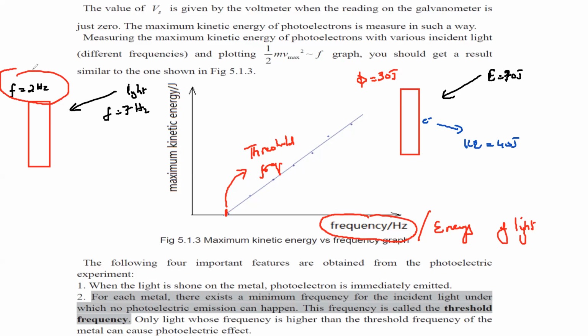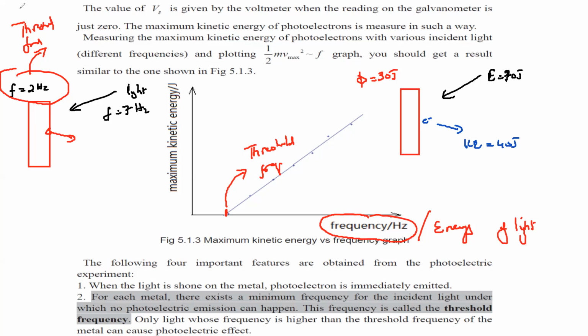The minimum frequency which can remove the electron out from the metal is known as the threshold frequency. So threshold frequency is the minimum possible frequency which can remove the electron out, and work function is the minimum possible energy needed to remove the electron out.